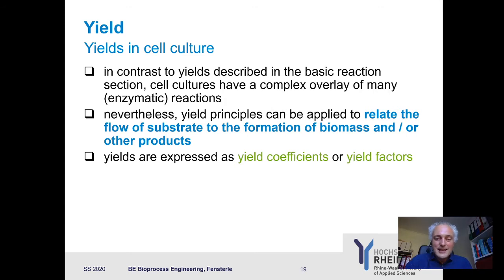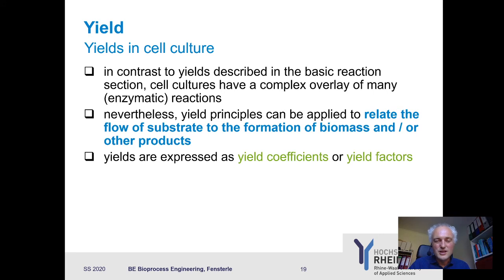In cell cultures, we don't have what we have seen in the example before, where we have our glucose, which is isomerized to fructose, and then we have analyzed and we have seen that the single reaction we can define, we go to mannose. So in a cell culture or a cellular system, we have many reactions which are overlaying.